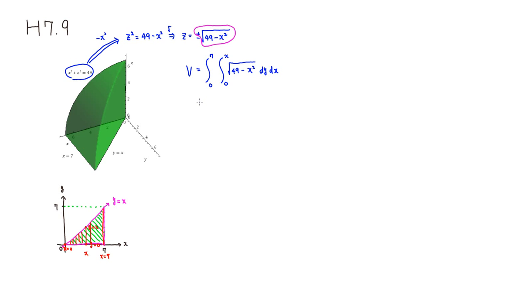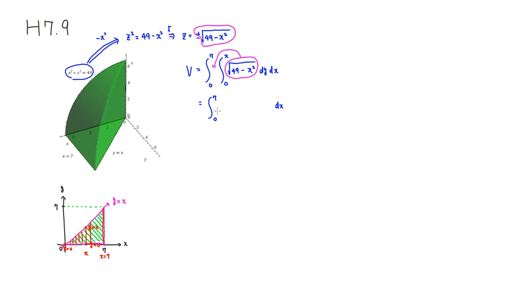This is going to be the integral from 0 to 7. Since this is integration with respect to y, there's no y in the square root, so it's just a constant and we can place it outside.